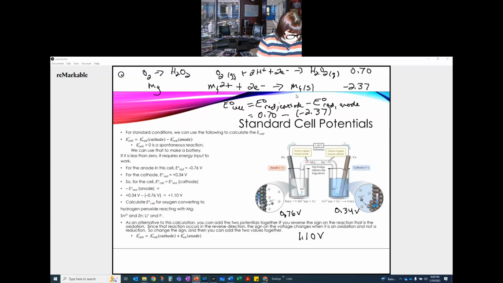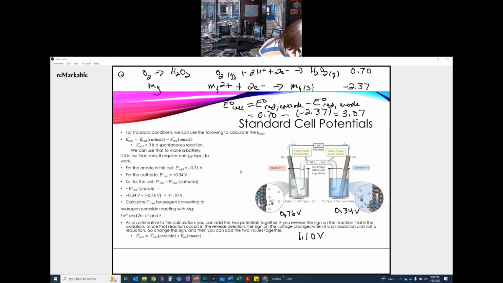And that gives me a nice positive 3.07. Okay, positive value, I know that's spontaneous, it'll happen on its own. That's cool. I also want to calculate the one for Sn2+ and Zn.